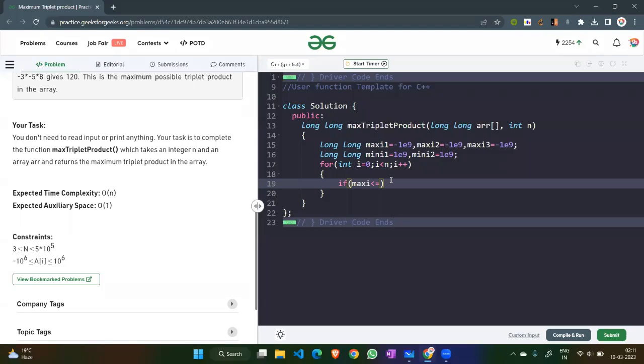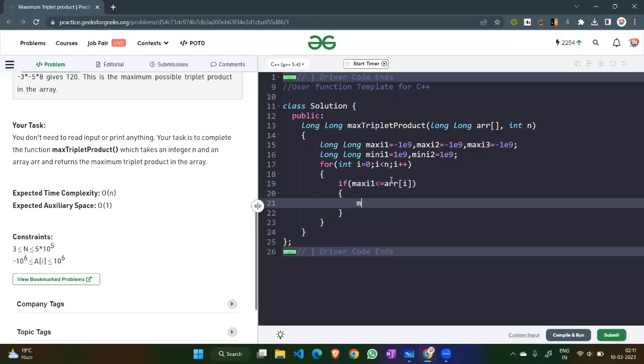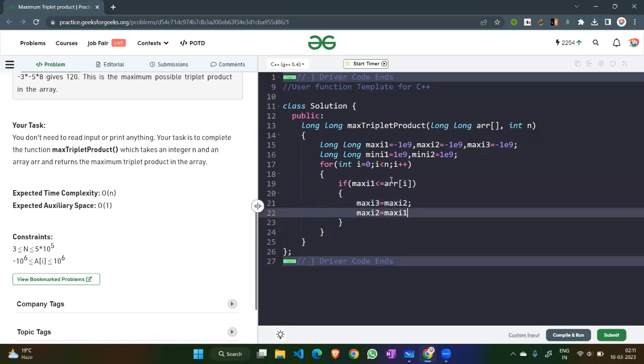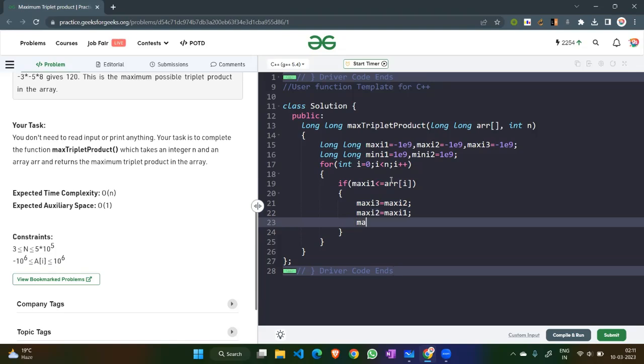So if maxi 1 is less than or equal to array element, maxi 3 is equal to maxi 2, and maxi 2 is equal to maxi 1. Now, similarly, maxi 1 is equal to the array element.